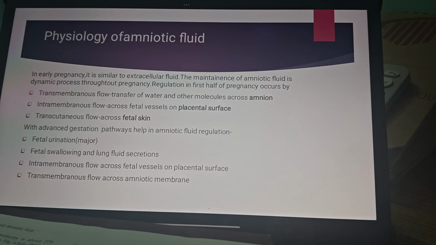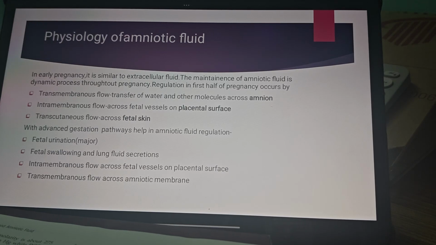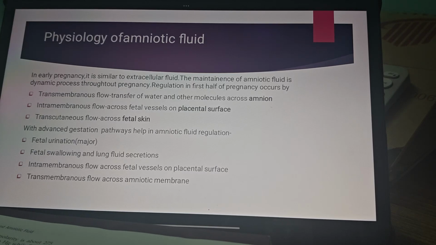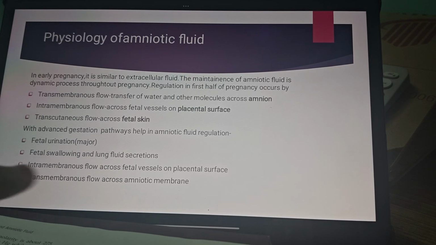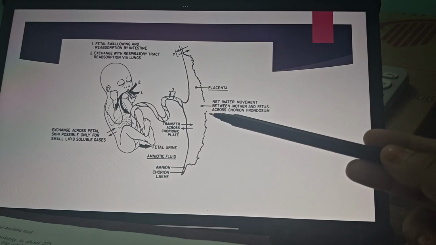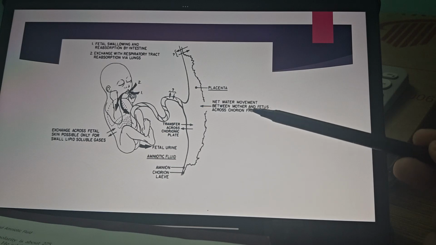But with advanced gestation, the pathways that help in amniotic fluid regulation are fetal urination, which contributes majorly, fetal swallowing and fetal lung fluid secretions, intramembranous flow across fetal vessels on placental surface, transmembranous flow across amniotic membranes. This diagrammatic representation shows circulation of amniotic fluid. So this is the placenta, and here net water movement between mother and the fetus across chorionic frondosum is happening.